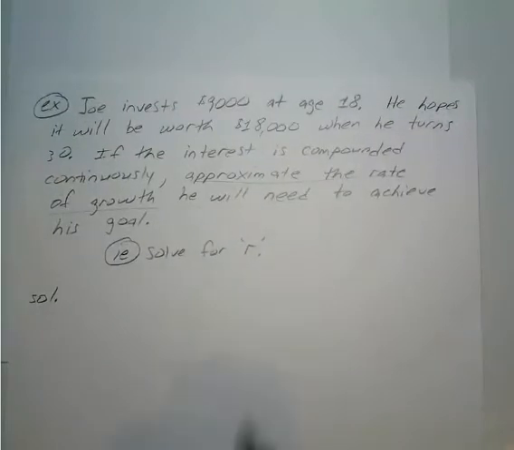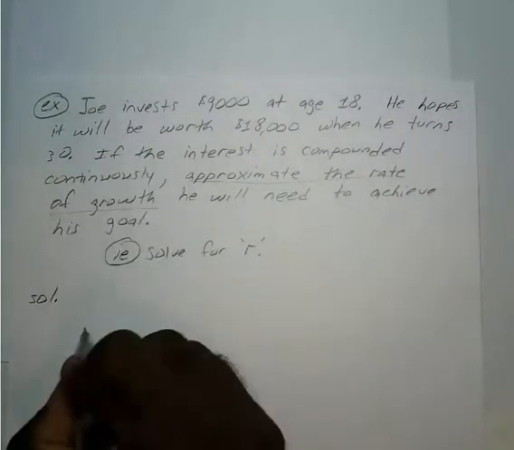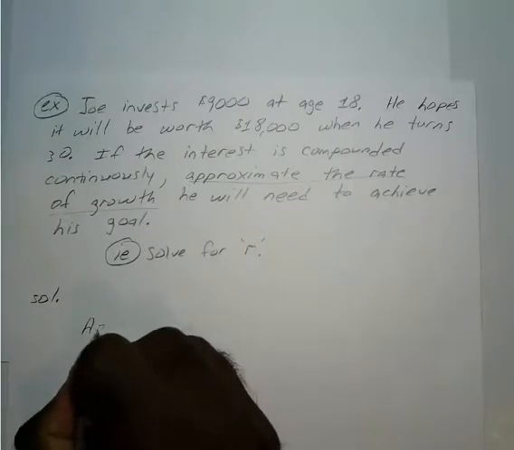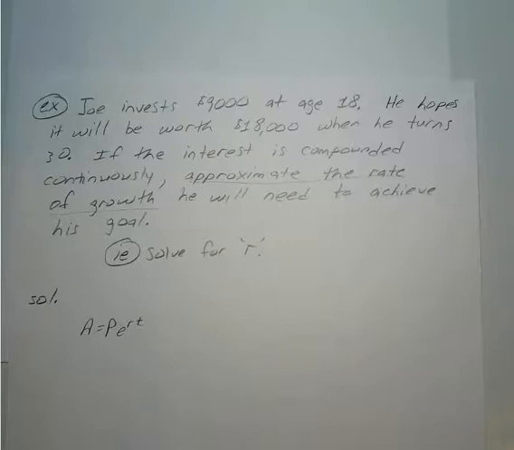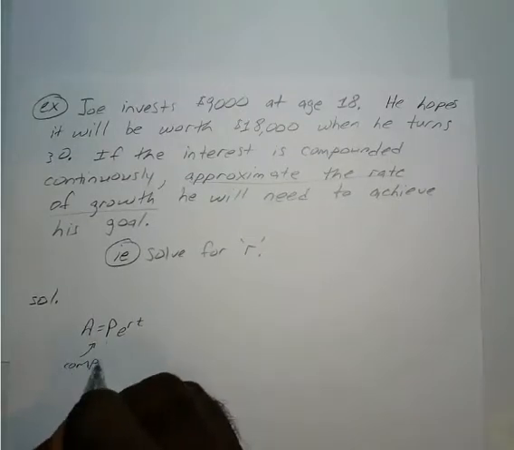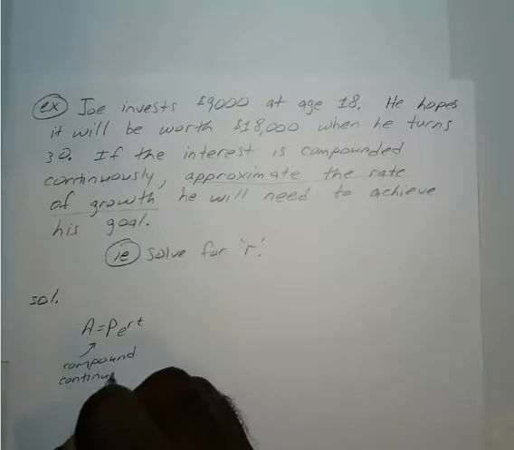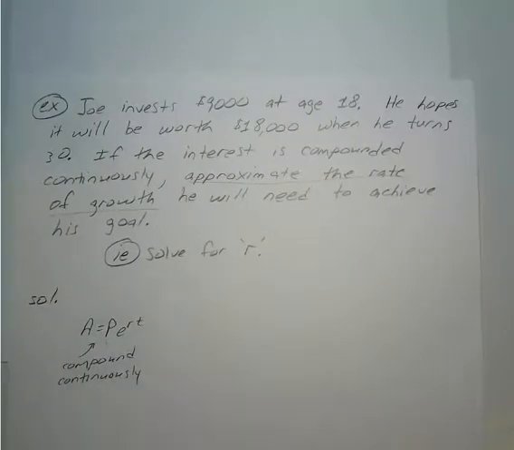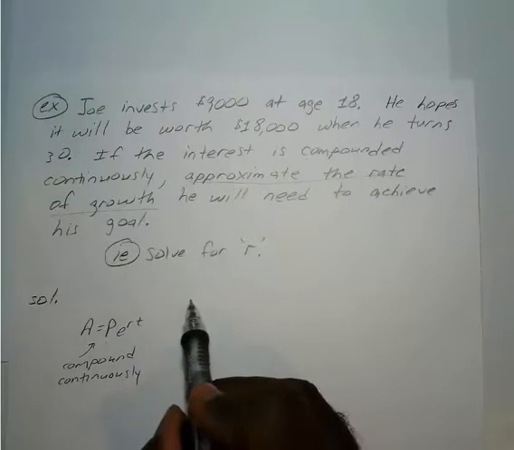We know it's compounded continuously, so we have A equals P times e to the RT. That's the formula we're going to use.